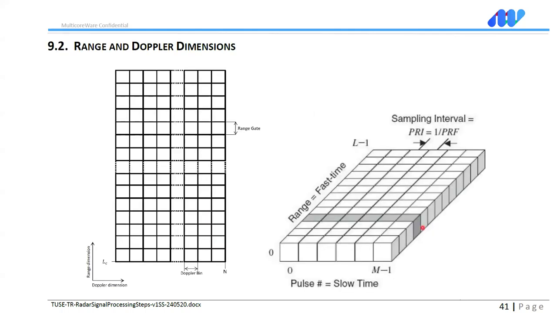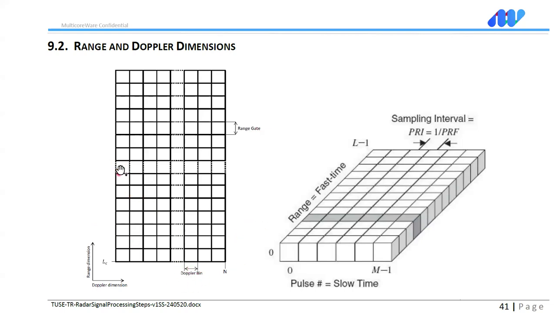And that's very simple. You have the pulses on one axis. Let's say this is the range. This is the first sample. And this is, again, same range, but the second pulse, the third pulse. So this axis is slow, and you call this Doppler bin.